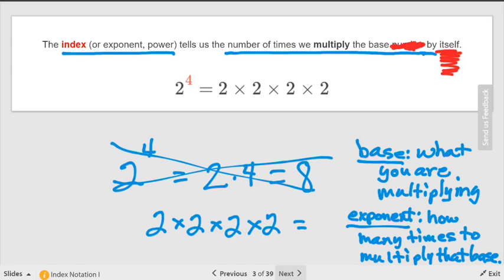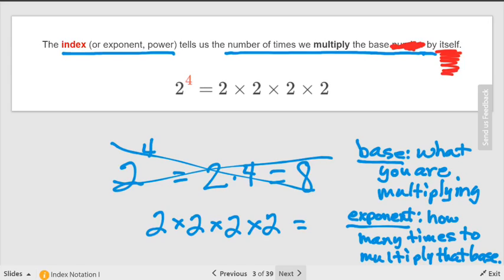So it's important that you understand the terminology as well as how to multiply, add, subtract, divide, whatever, right? Okay, does it make sense? If I give you instructions but you don't understand the word, then you're not going to be able to do the math, right? Okay, all right.